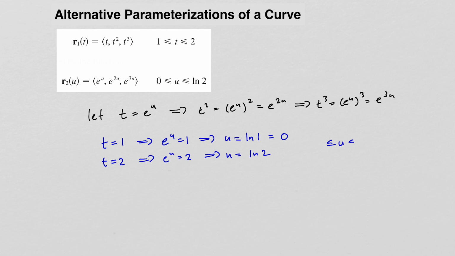So the corresponding numbers for u is u has to be a number between 0 and the natural log of 2. So what we need to recognize here is that when you parameterize a curve, there are different parameterizations that produce the exact same curve.